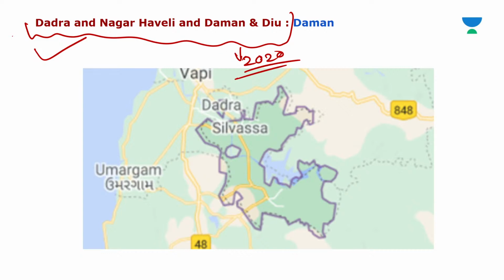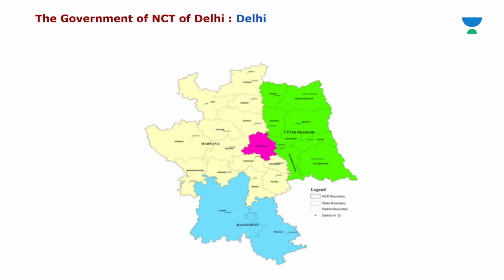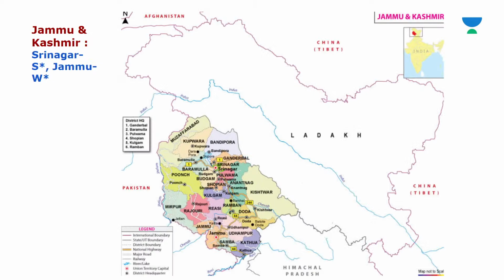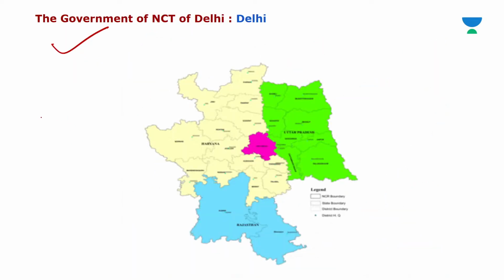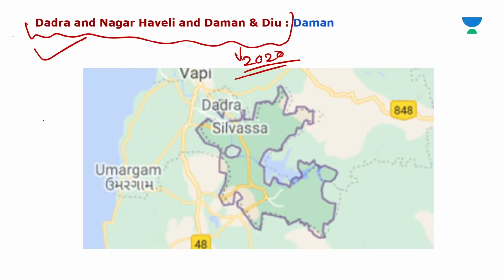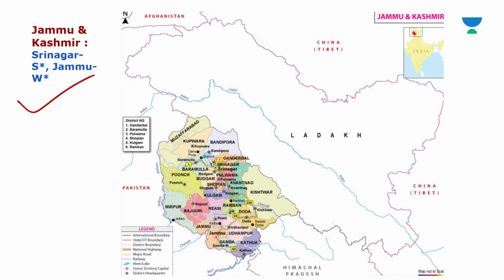देन दोस्तों the government of National Capital Territory of Delhi. Then Jammu and Kashmir Union Territory.